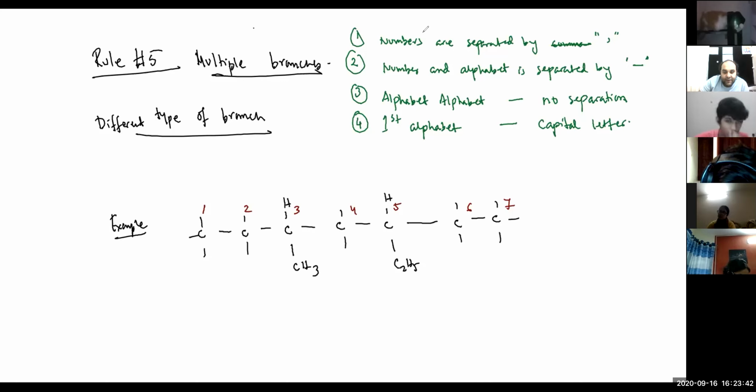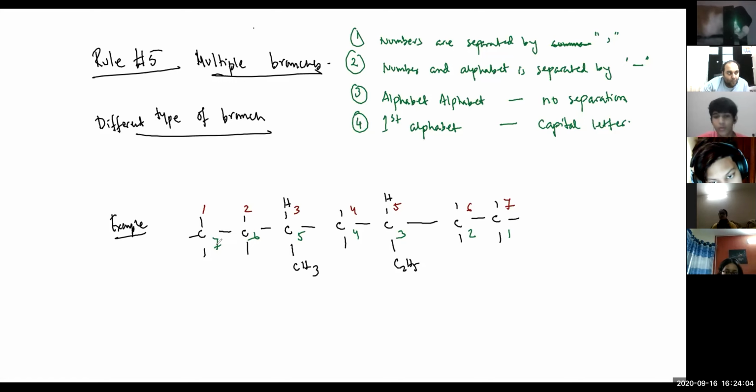If we start numbering from the right hand side, it's 1 2 3 4 5 6 7. কি হবে? So what is the longest chain here? How many carbons do you have in the longest chain? 7.